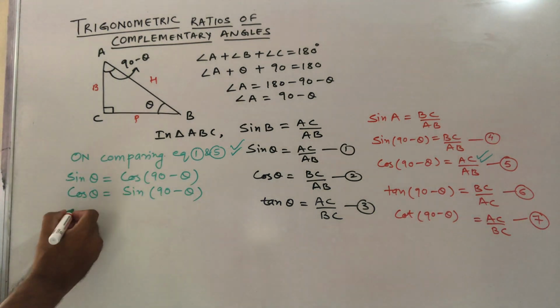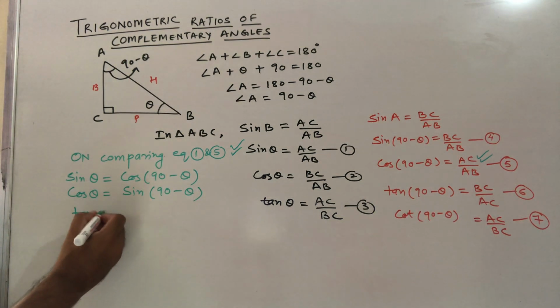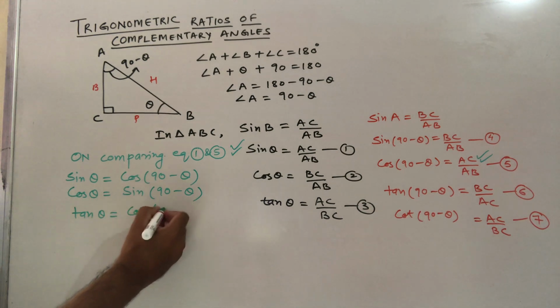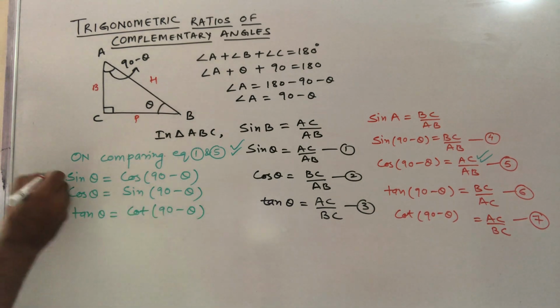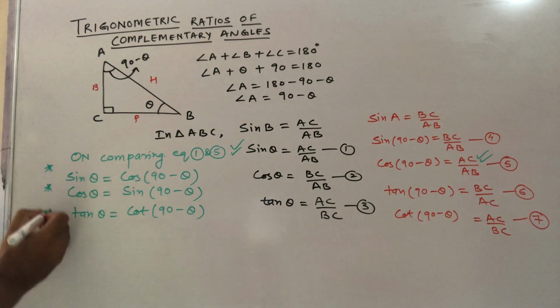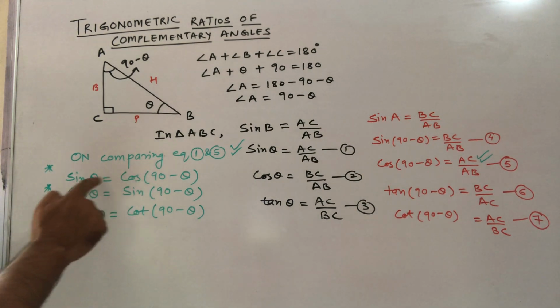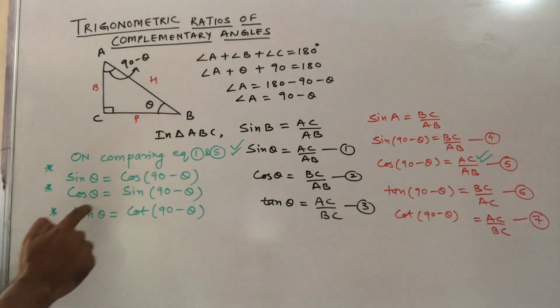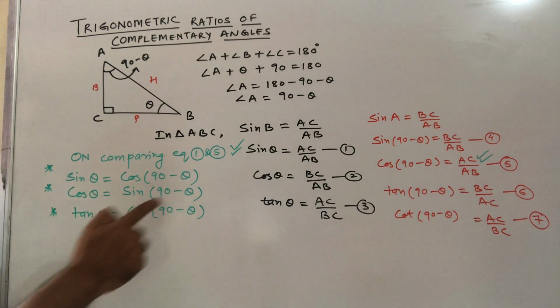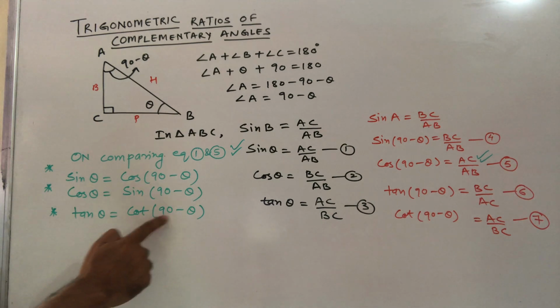So we'll get tan theta equals cot 90 minus theta. So these are the three results of complementary angles: sin theta is cos 90 minus theta, cos theta is sin 90 minus theta, tan theta is cot 90 minus theta.